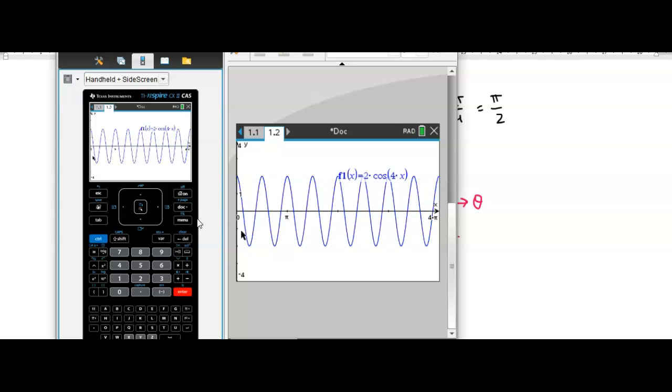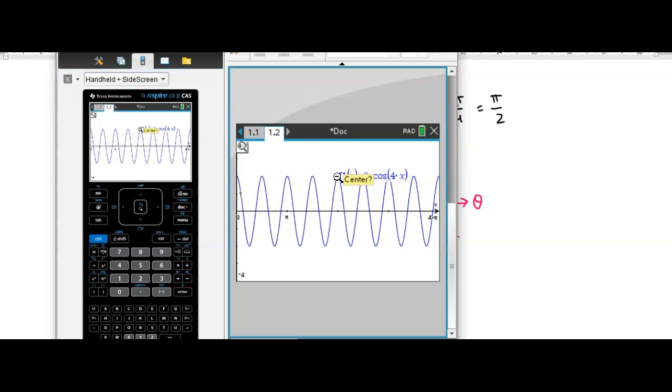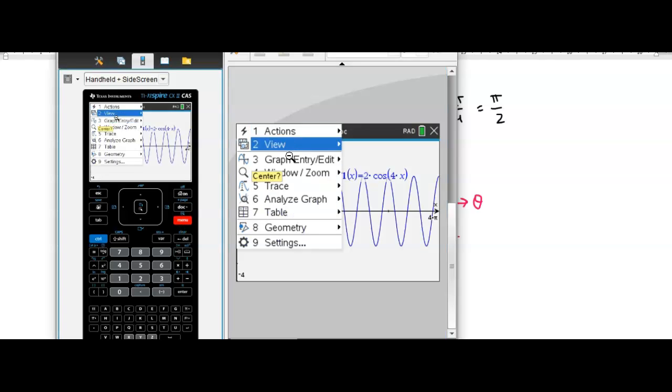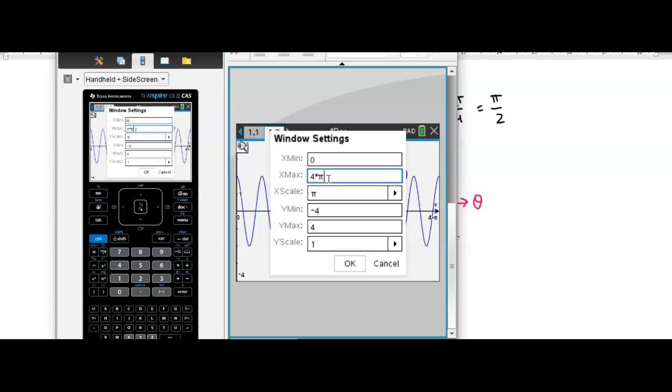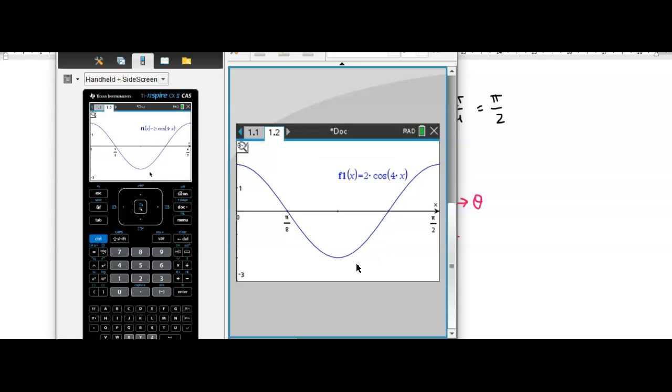Our period was pi on 2, so let's change our window. So pi on 2. And the scale is pi on 8. Your y values you can change if you want to. Okay, and there it is.